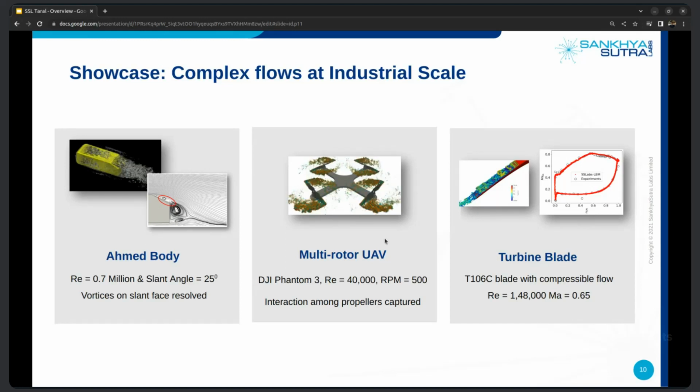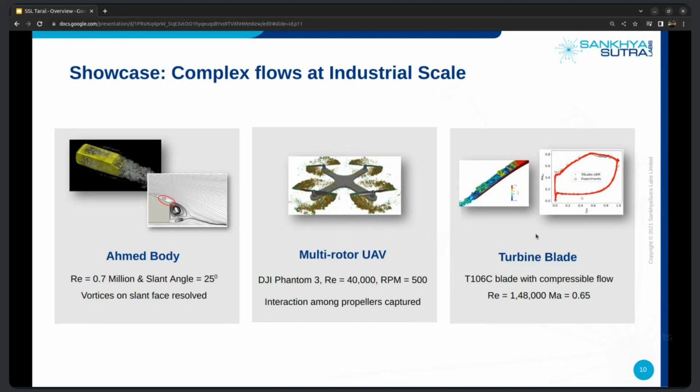And when it comes to things like multi-rotor systems, we have an example of the DJI Phantom 3 drone here. The simulation was run for a Reynolds number of 40,000, and the rotors are spinning at an RPM of 500. So you see that the tip vorticity and the interaction between the rotors is also captured quite well.